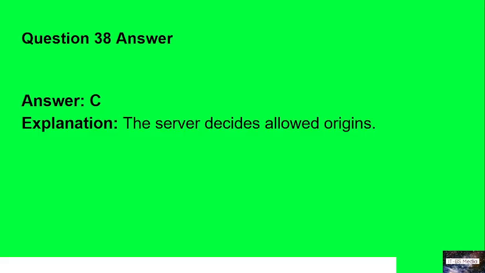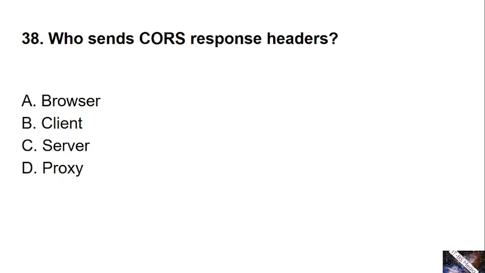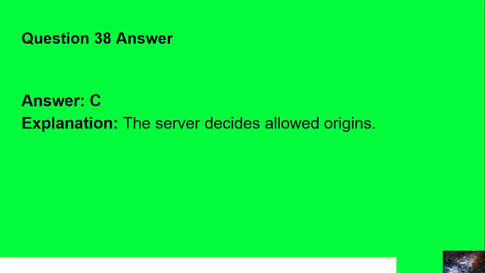The answer is C. The server. The server decides allowed origins. So it is the server that will allow which origin is able to access resources. That is, which third-party domain is allowed to access resources, especially when you're using the API.